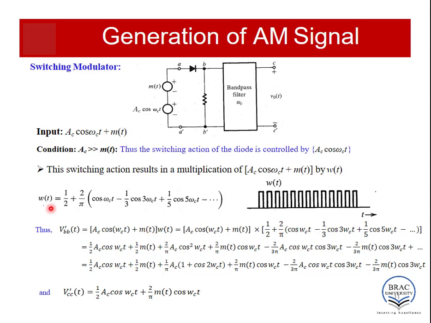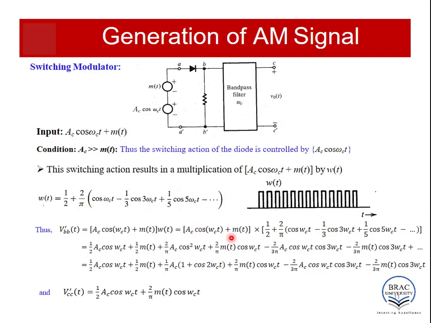w(t) has a Fourier series expansion like this. The Fourier series was taught in the signals course, so I am not going into the detail, but one thing, the fundamental frequency of this Fourier series is omega c. That is because the switching operation is controlled by the carrier signal and the carrier frequency was also omega c.